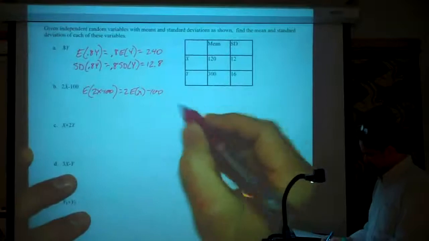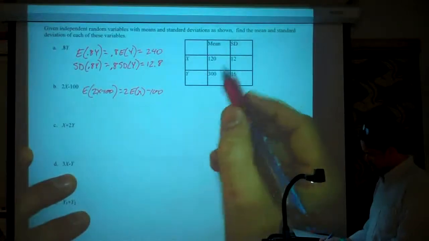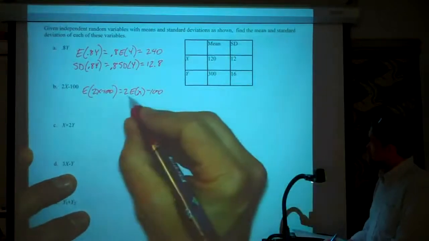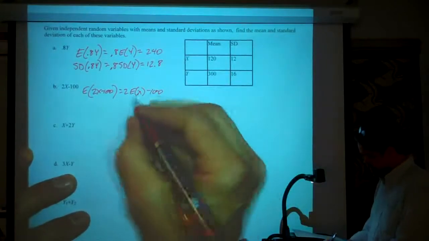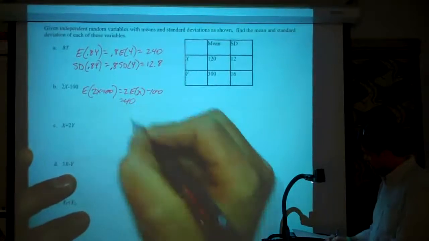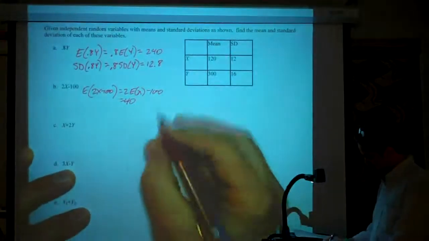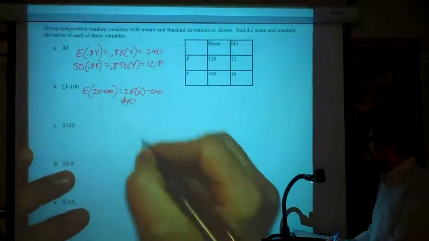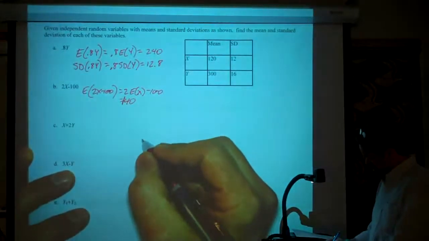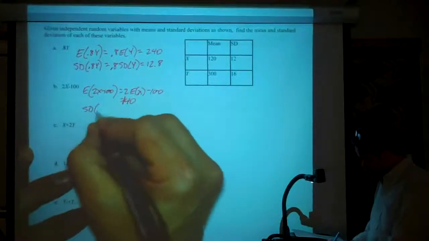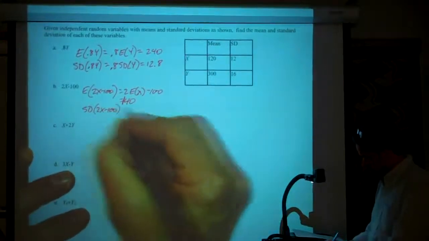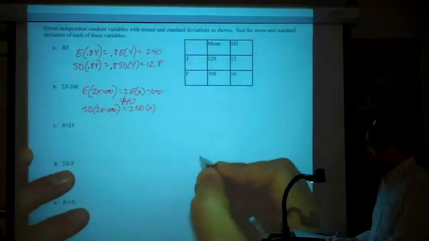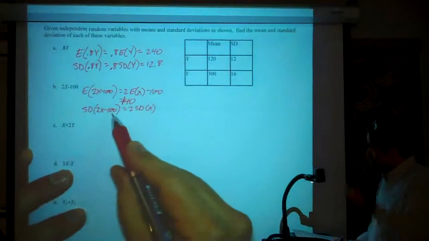So that's easy. 2 times 120 minus 100. 2 times 120 is 240, minus 100 is 140. The standard deviation of 2x minus 100 is just 2 times the standard deviation of x. This thing doesn't do anything at all.